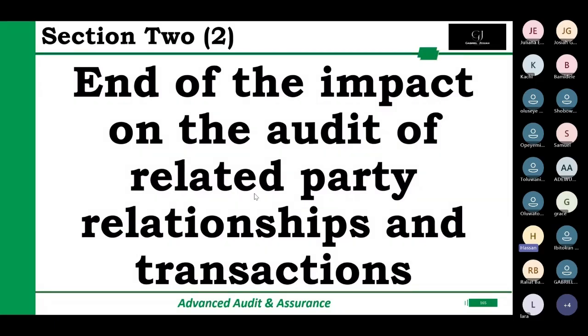Because if you do substantive testing or substantive procedure on the bank statement, you go into detail to see the transactions, like you said, the transaction that has a huge amount of money exchanging from one company to another, you can check the other company to see who the directors are. You can inquire to get the information from the company so that you know who the owners of those companies are, whether they are related or not.